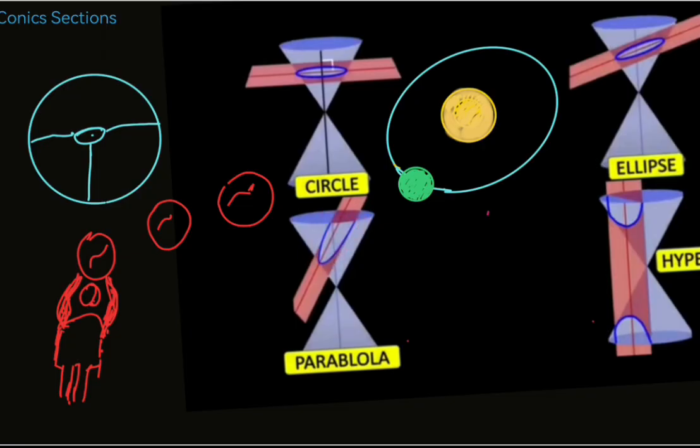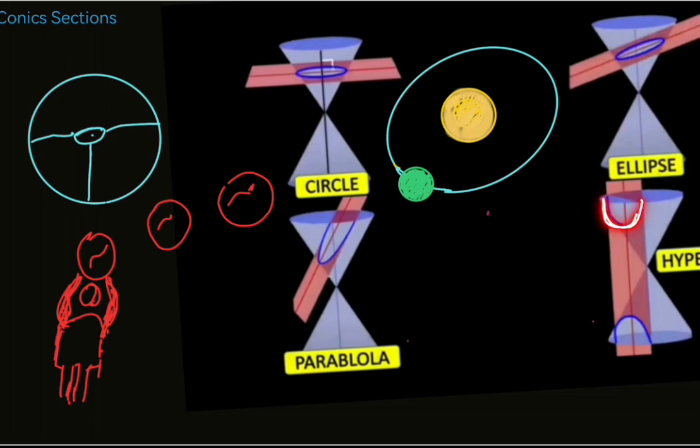When we tilt more, this plane becomes parallel to the perpendicular axis, and after that we cut the two different cones.